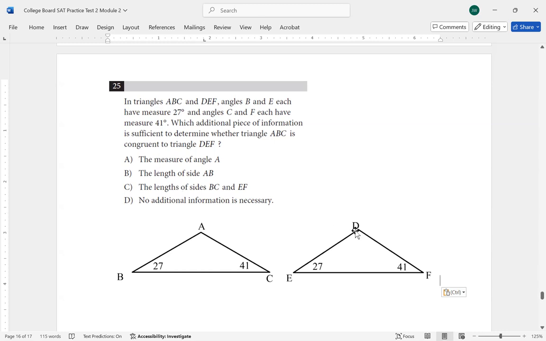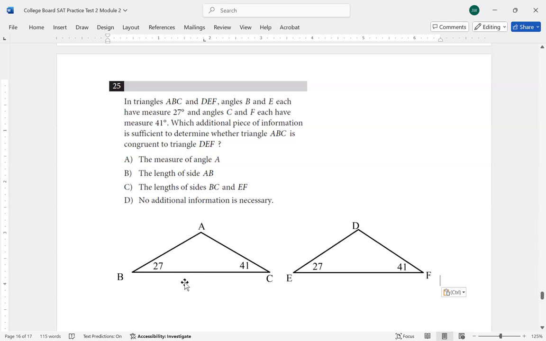Congruent also means that they have the same side lengths all over. So not only are they similar, but they're the same lengths. And I'm guaranteed that if the length of side BC is equal to the length of side EF, then these other two measurements will also be equal.